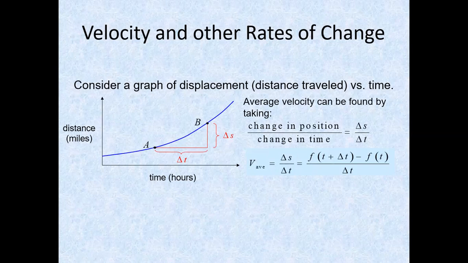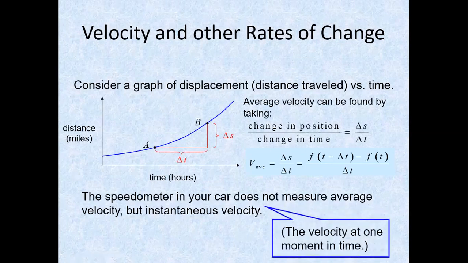So we can rewrite this formula by putting all these values as we discussed and seen before. The average velocity for this time equals delta s over delta t equals f of t plus delta t minus f of t, because it's a function of t, all over delta t.